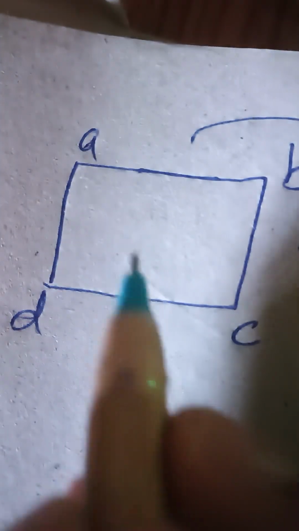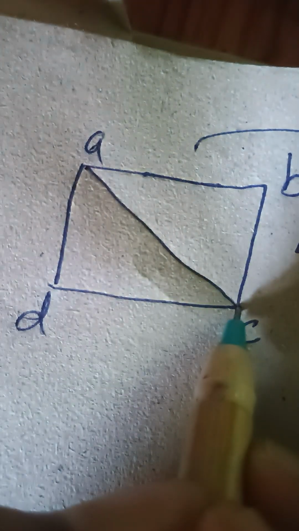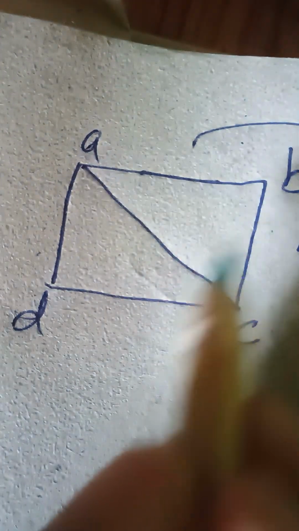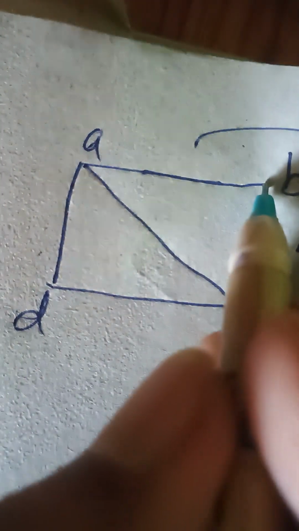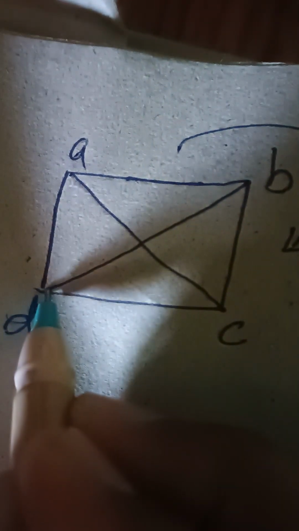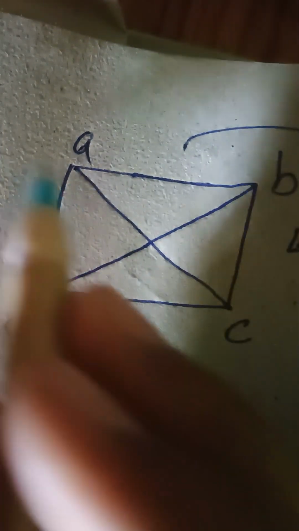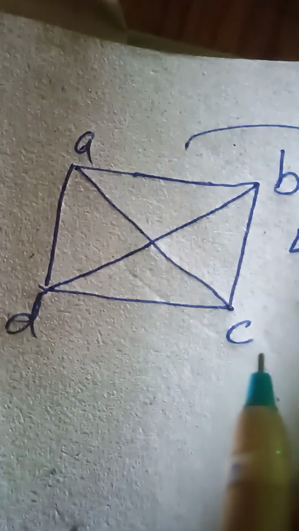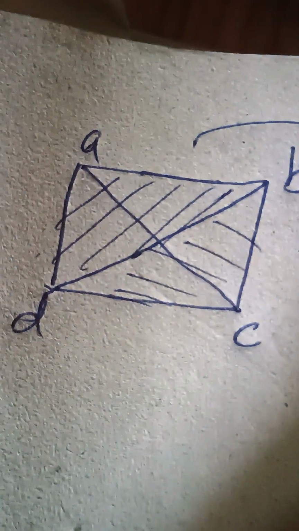If we insert a line from A to C, then you can see the upper triangle and the lower triangle, and we can insert a line from B to D, giving the left upper and the bottom one. So the question is asking about triangulation.